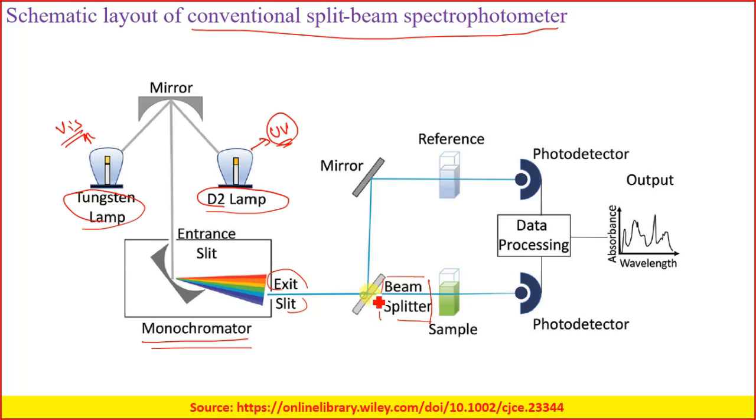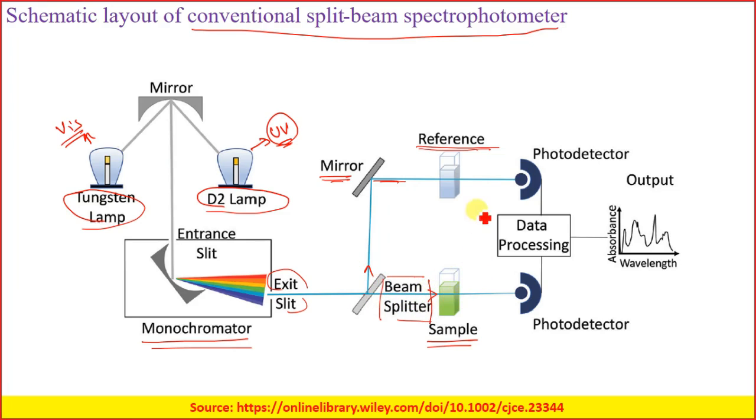Through this beam splitter, 50% of the rays pass through the sample, and 50% are reflected to another mirror, and this mirror reflects that 50% of the light through the reference. These two rays, one reflected through the mirror and one passed through the beam splitter, have identical characteristics.